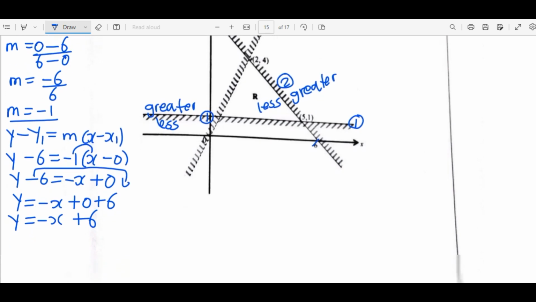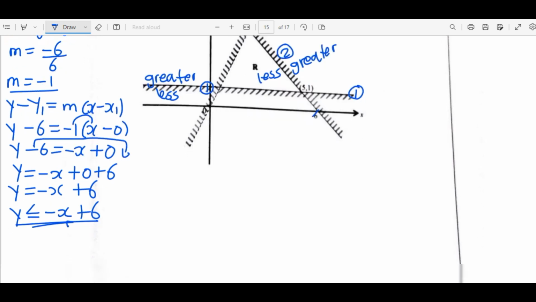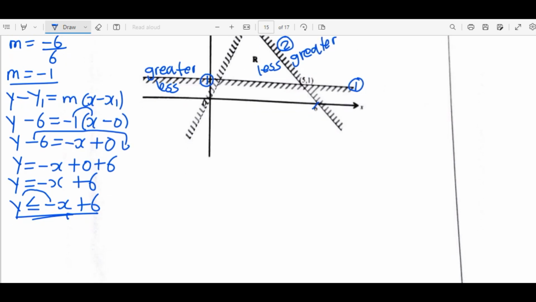So the region that we want is less. So say y less than or equal to negative x plus 6. This is our final answer. Or if we want, we can shift this x to this side. This will be y plus x less than or equal to 6.